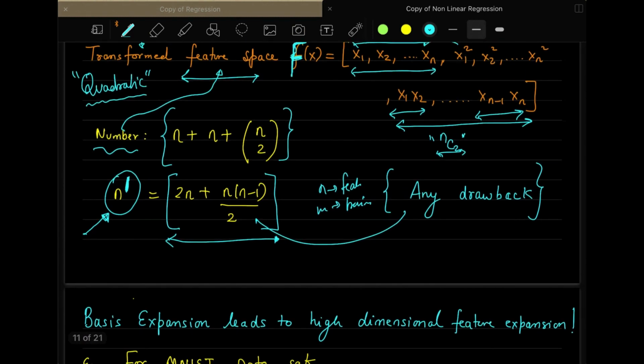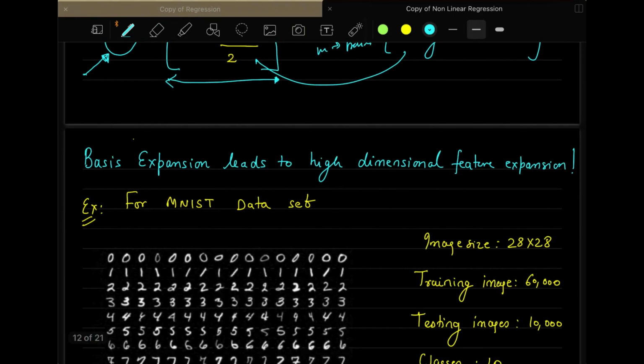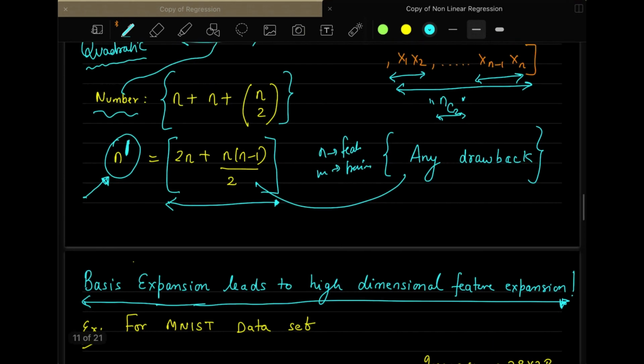As we are doing basis expansion, this technique is also called basis expansion because all of these are basis axes on which you are plotting the data. But the problem with this approach is that basis expansion leads to a high dimensional feature space. As you can observe here, this value will be very high if your n is very high. It explodes.